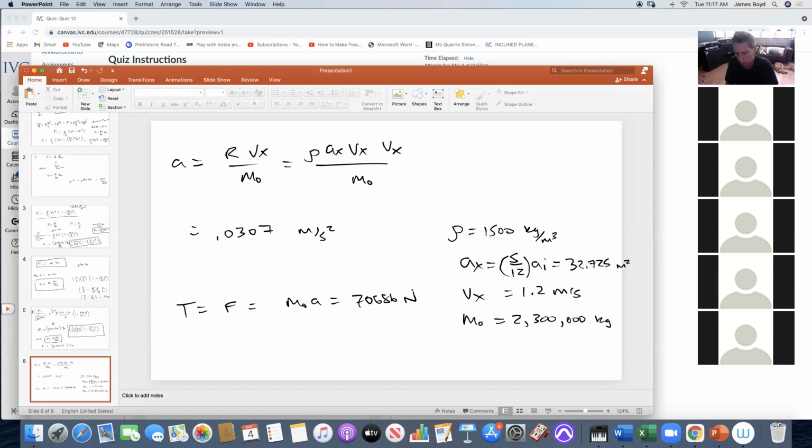Let me double check this stuff really fast. R would be 1,500 times 32.725 times 1.2, which is about 60,000. Yeah, that's about right. So that would be the thrust. Those numbers aren't even close to what they actually do.